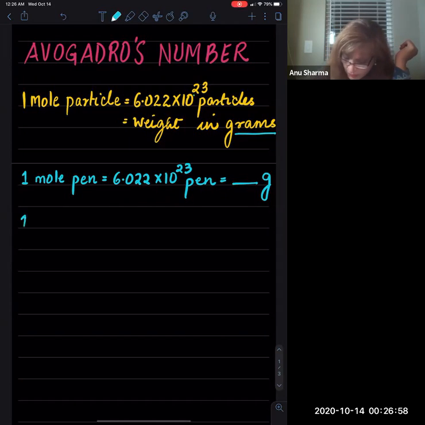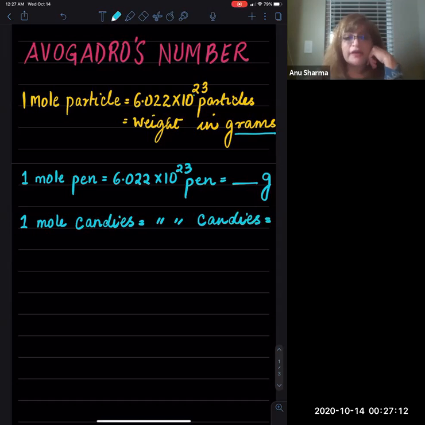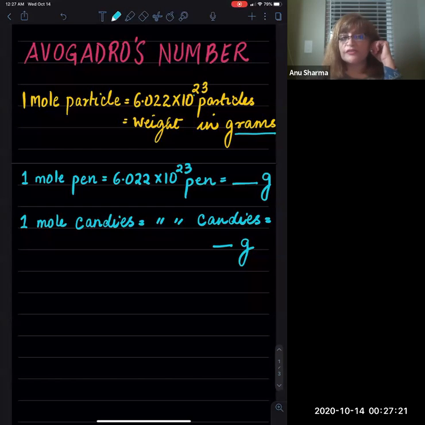Then 1 mole of, let's say, candies. How many candies are we looking at? The Avogadro's number of candies. And what is the weight of those candies? You put the candies on the machine and weigh them, and whatever the weight comes out in grams, that is the weight of those 6.022 times 10 to the power 23 candies.